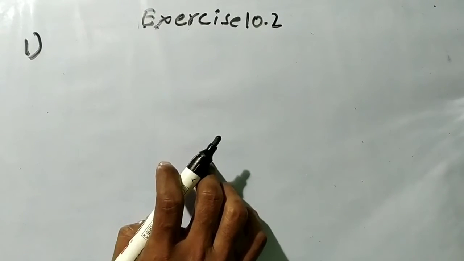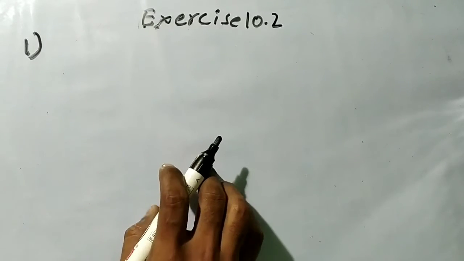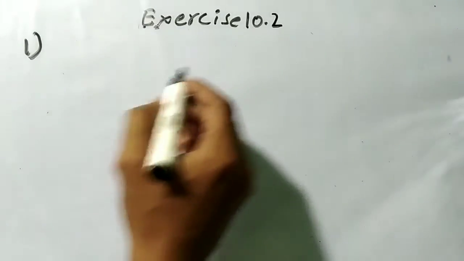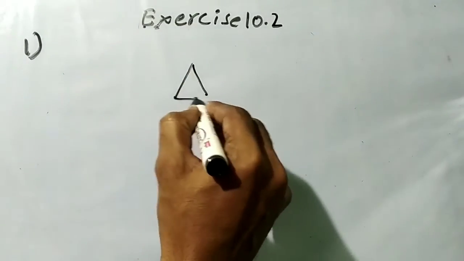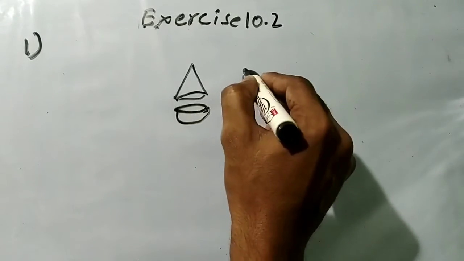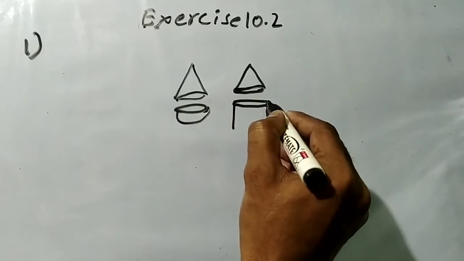Second one. In 10.2, that is the second exercise, the problems are based on the combination of two solid figures. Just now we found right circular cone plus hemisphere. In the second one we will find right circular cone plus cylinder.